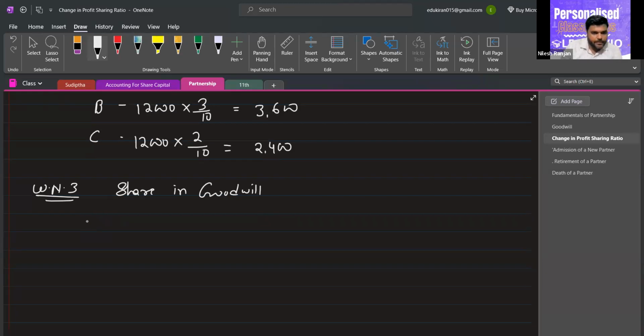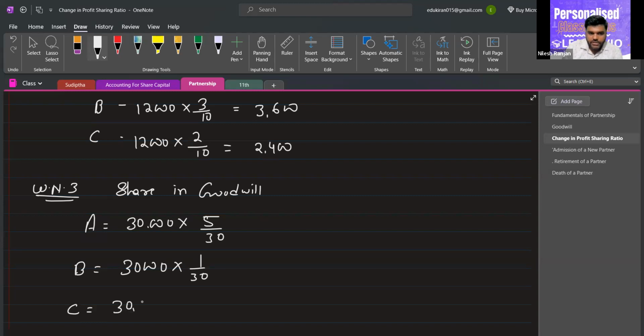A: 30,000 into 5/30, B: 30,000 into 1/30, and C: 30,000 into 4/30. So it is 5,000, 1,000, and 4,000.